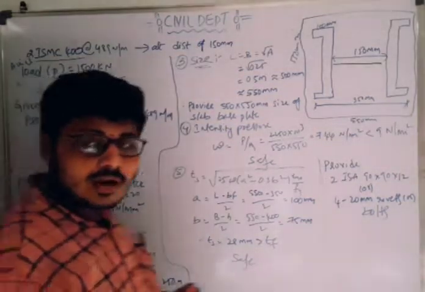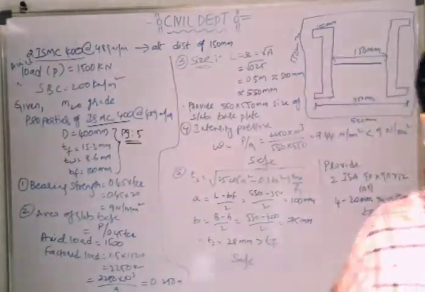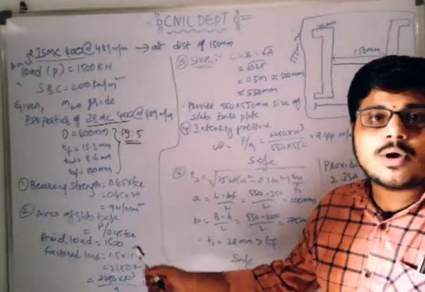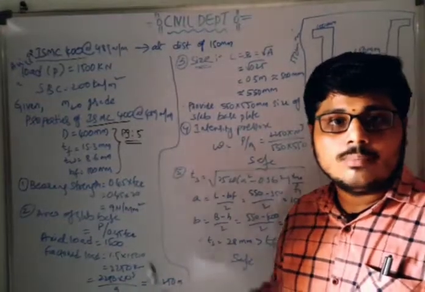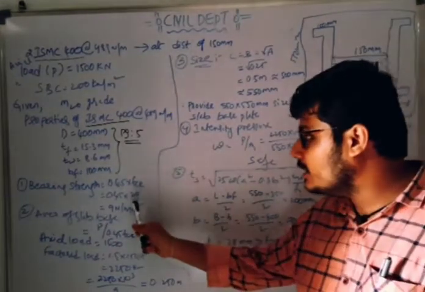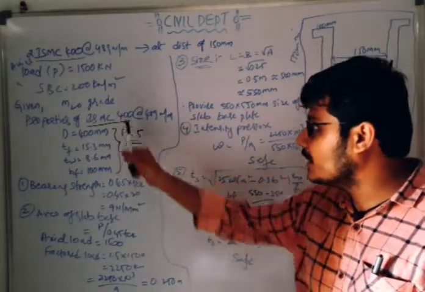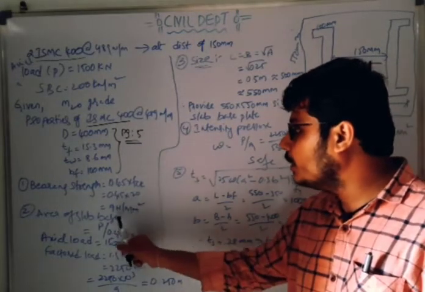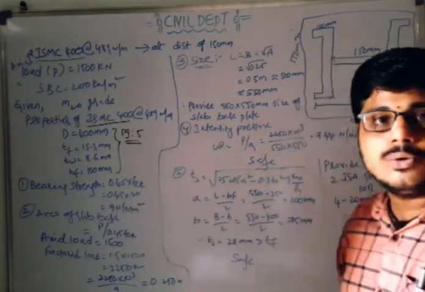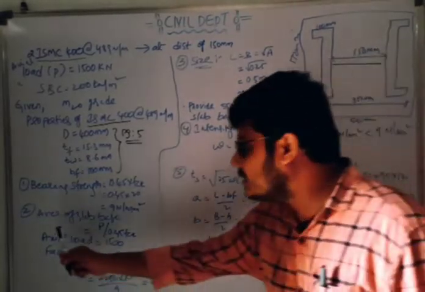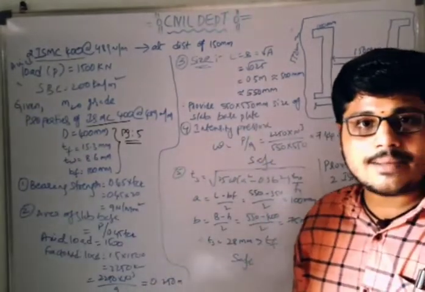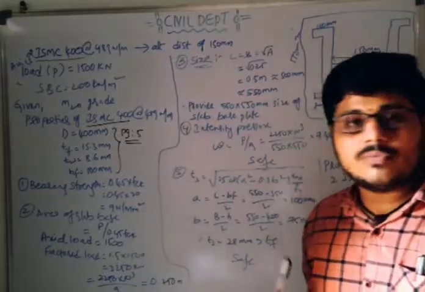First step, we always find the bearing strength of concrete, which is 0.45 FCK. FCK is the grade of concrete, 20, which is given. So 0.45 into 20 gives 9 Newton per mm square. Next step, area of slab base, P by 0.45 FCK.